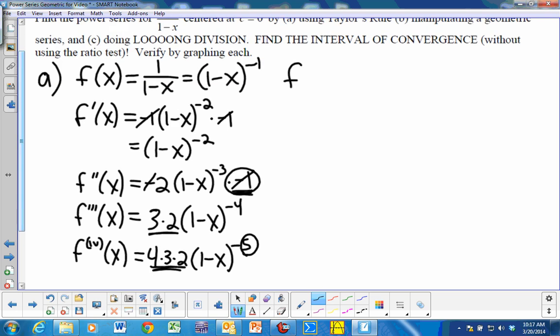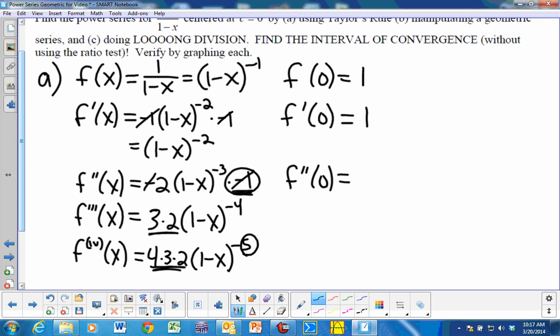All right, so now let's do f of 0. We're doing the Taylor series where the center is 0. So we plug in 0, and we're going to get 1, because we're going to get 1 to the -1, which is still 1. When we do f prime and we plug in 0, we're going to get 1 to the -2, still 1. F double prime of 0, we plug in 1. Well, the 1 to the -3 will be 1, but this time we have this 2 in front. So that's going to give me 2.